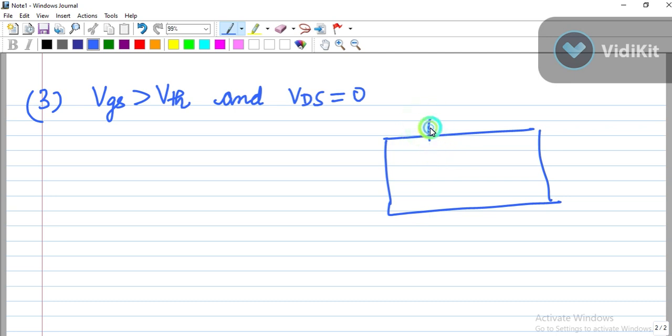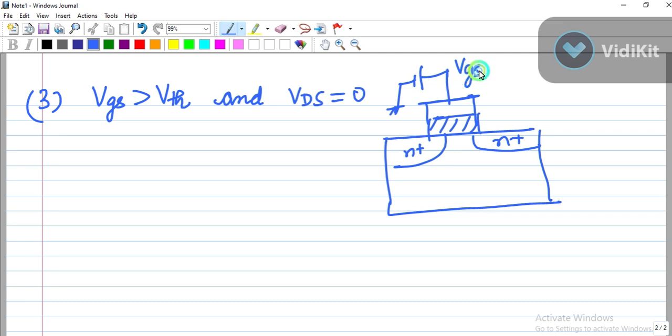Okay, this is the dielectric, then the gate will come. So we are giving VGS here, which is greater than VTH, right? And VDS equals 0.